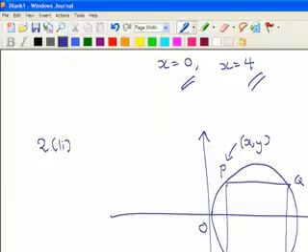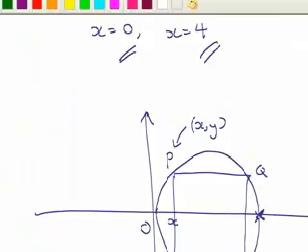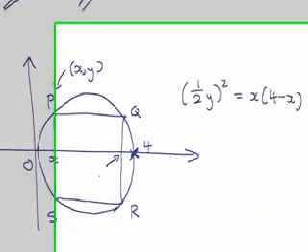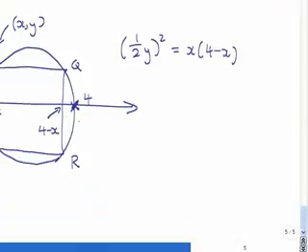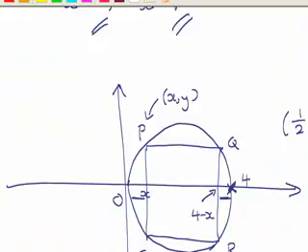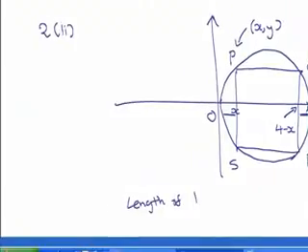By symmetry, if this point is x, and we also know that the point where the ellipse cuts the x-axis again is 4, we know that this point here is 4 minus x. So this small little length and this small little length are both x, and hence the length of PQ is 4 minus 2x: the whole length minus 2 times x.